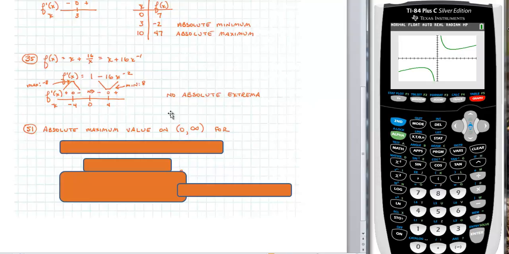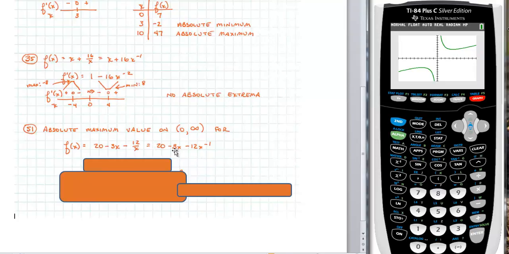Now the next problem is sort of similar to this one, but I am given an interval I've got to play with. They want us to find the absolute maximum value on the interval 0 to infinity for the following problem. So if you'll notice, it does look a little bit similar, and I rewrote it.